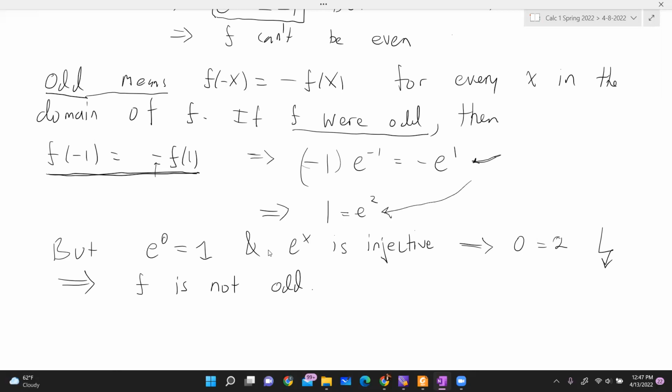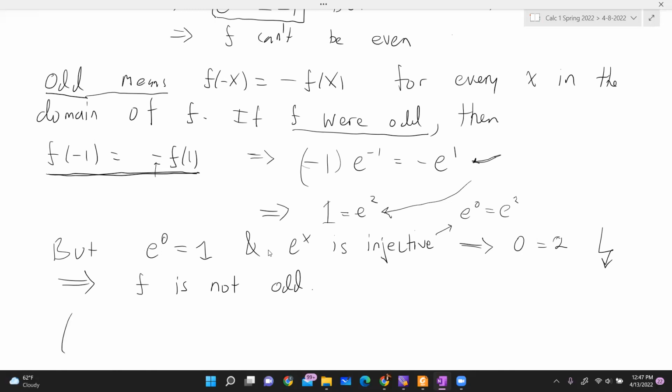So it says e to the second power is equal to 1. But we know that e to the 0th power is 1, and e to the x is injective. So what this says is that e to the 0 is equal to e to the second power. And so that implies that 0 has to be equal to 2, but that's ridiculous. That can't happen. 0 is not equal to 2, so f can't be odd.